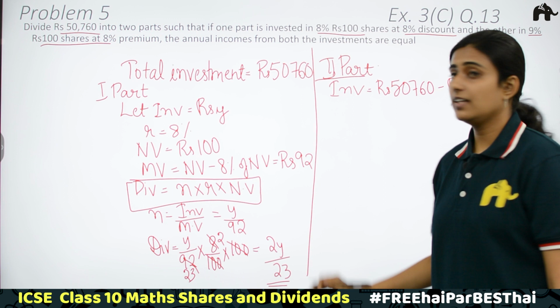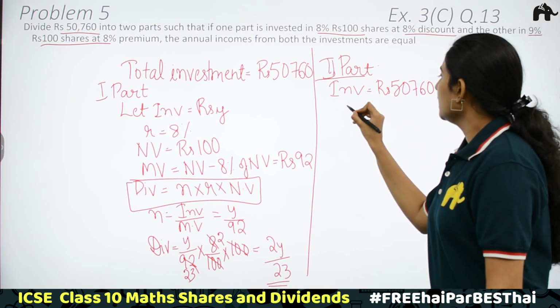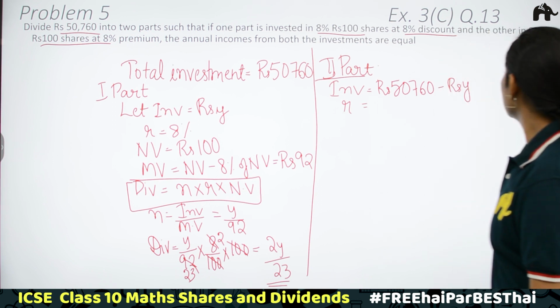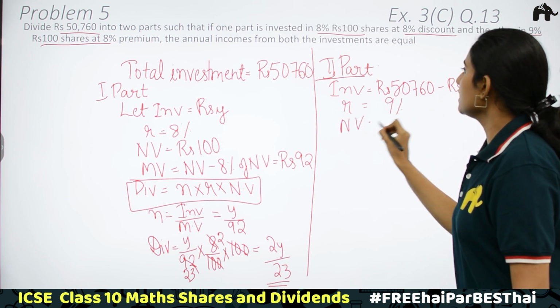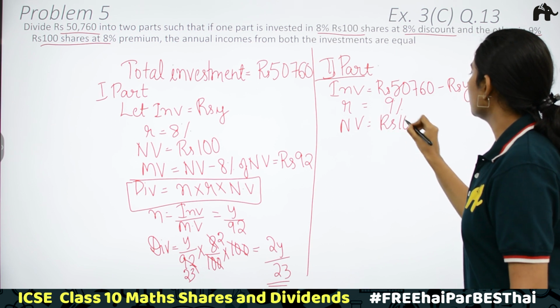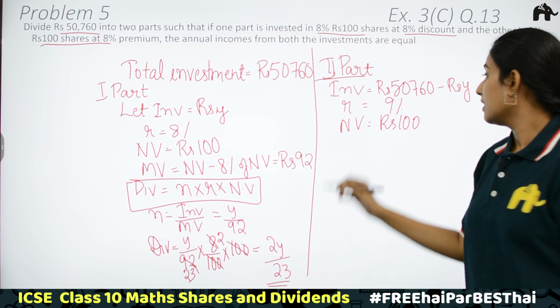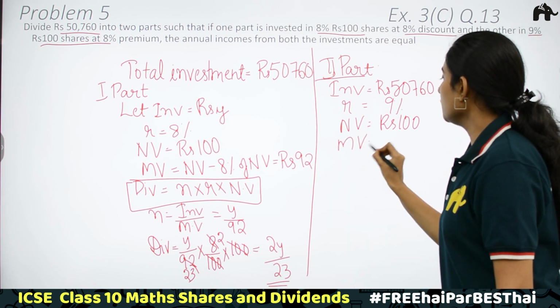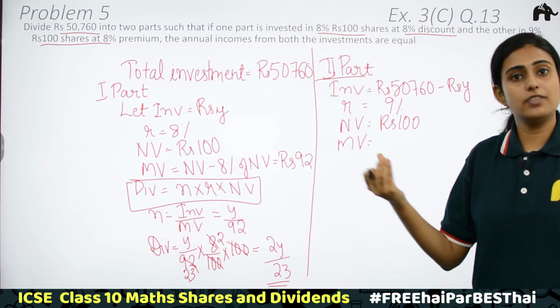Now, let's find the dividend in case of the second part. Here, the rate of dividend is 9%. Nominal value is same, that is rupees 100. At 8% premium means market value is equal to nominal value plus 8% of the nominal value.